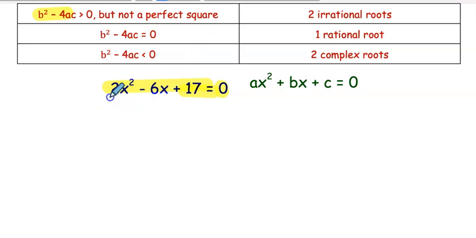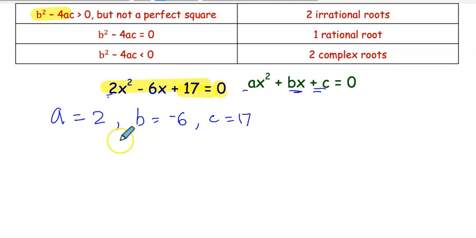Ax square is equal to 2x square. So a is equal to 2 and b is equal to how much? Negative 6, right? And c is equal to 17. So you have your a, b and c. On comparison, you got those things.